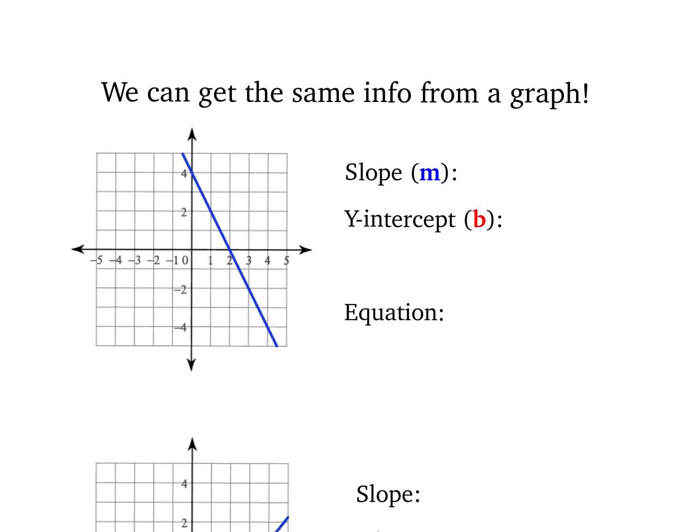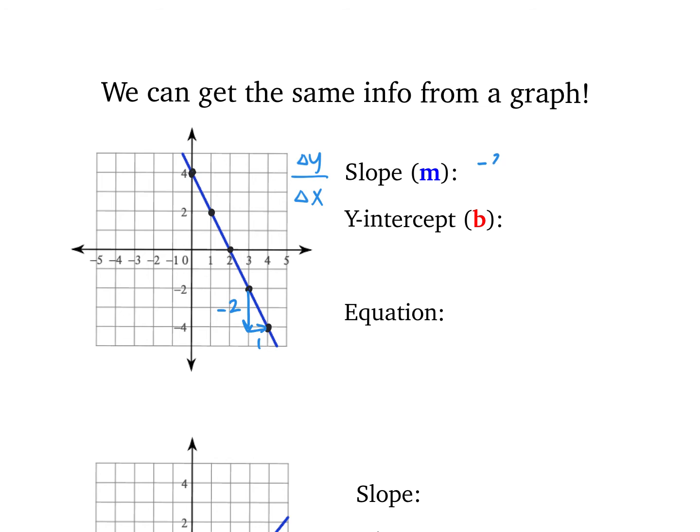If we're starting with a graph and not given the slope and y-intercept, we could easily find those from our graph to then turn it into our equation. So looking at slope, we've talked about picking out 2 points to start. I'm looking at where this graph hits those nice corners, and I'm going to pick any 2 to find my slope. Remember, slope comes from the change in y over the change in x. So looking from point to point, I'm going down 2 and over 1.